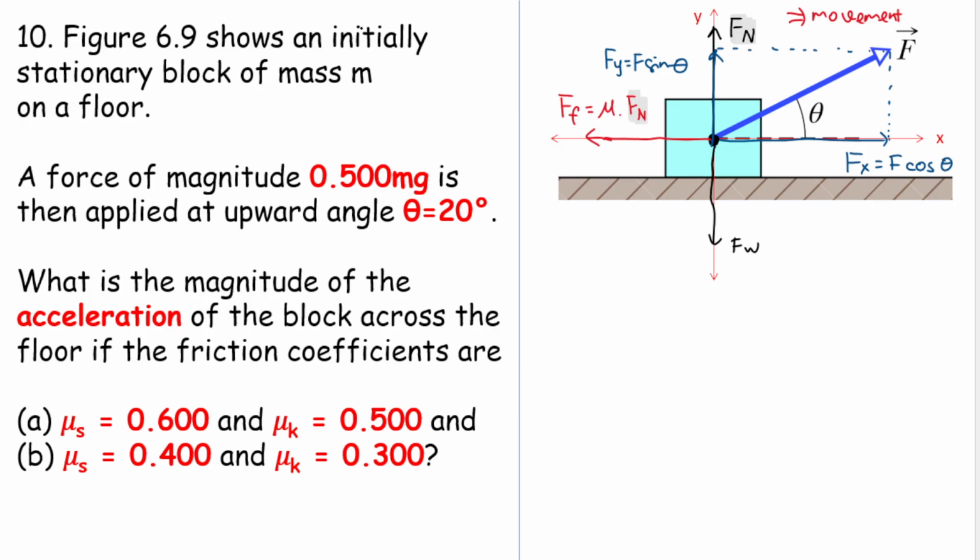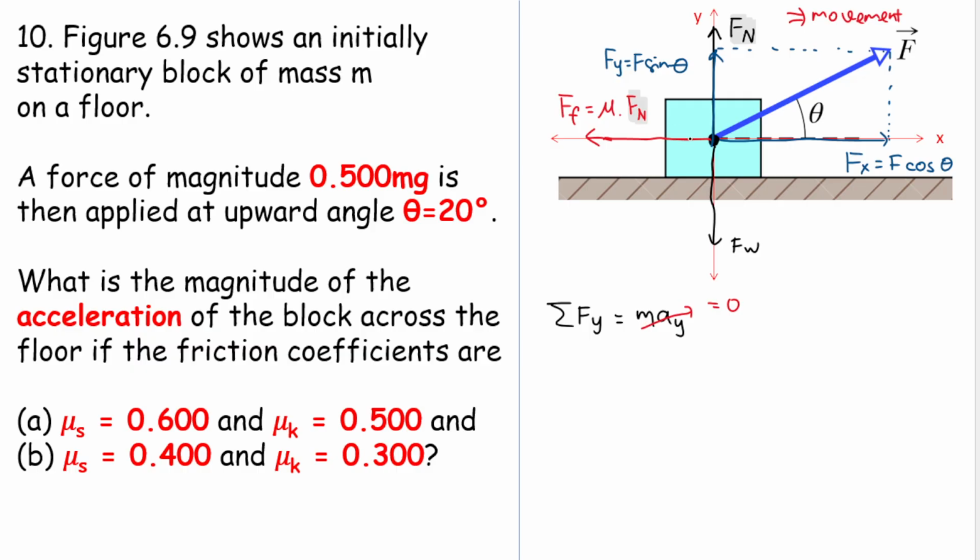Okay, now let's do it in the y direction. So I will have sigma F in the y direction equal to the mass times acceleration, also in the y direction. Okay, let's see here. The block is not moving in the y direction, right? It's not flying or falling, right? So on the right hand side, I will have 0. Good.